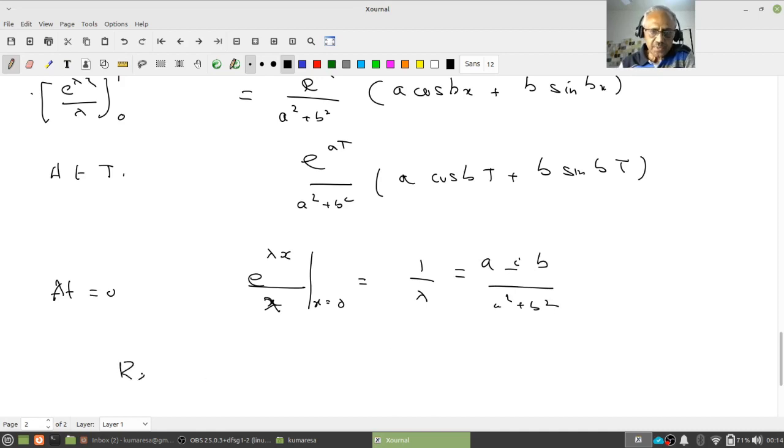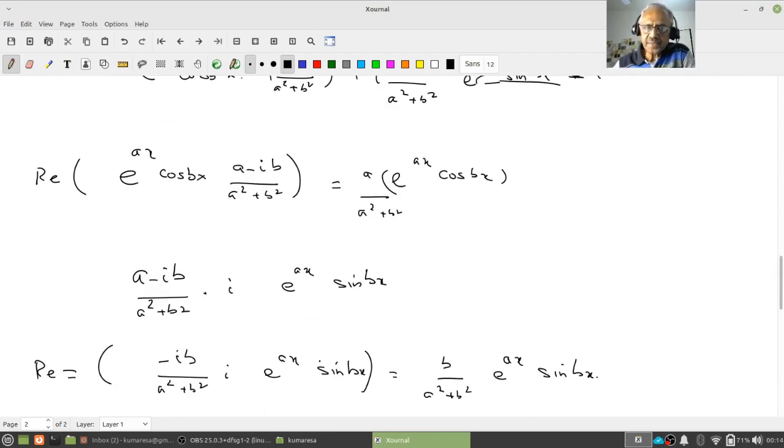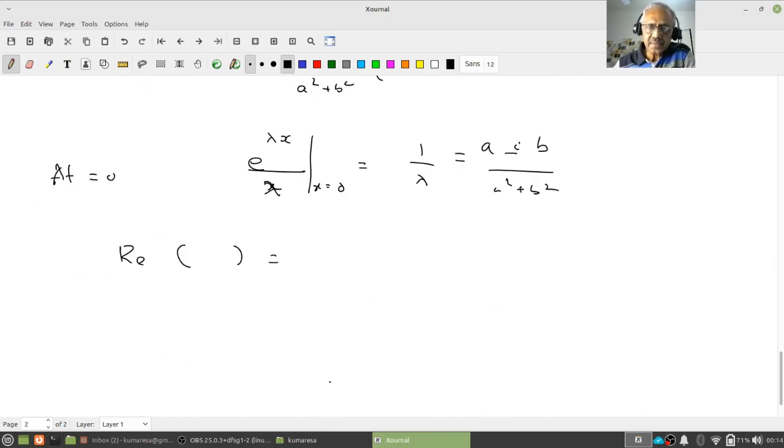Therefore, the real part of this fellow is going to be, remember there is again an i, okay, minus b by a squared plus b squared. Do you accept it? Okay.